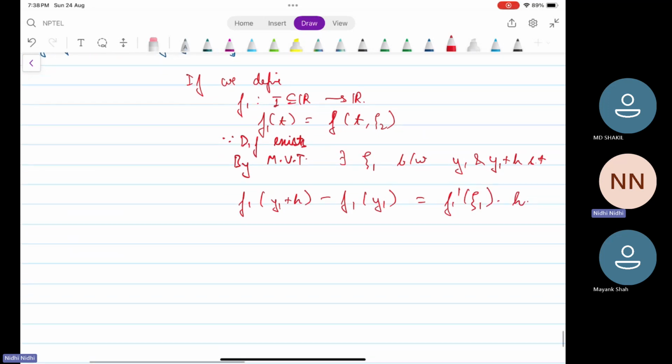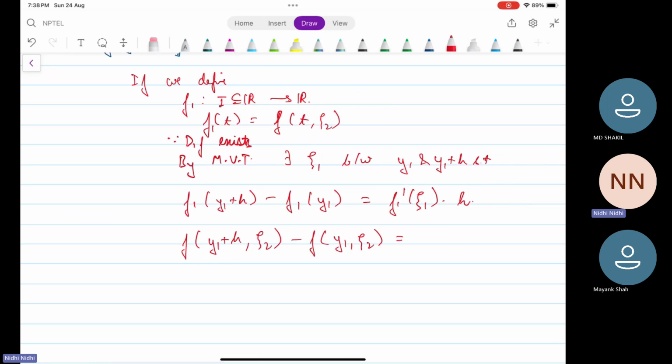Which is basically f(y1 plus h, zeta 2) minus f(y1, zeta 2), and the derivative of f1 is basically d1 of f at (zeta 1, zeta 2) times h.